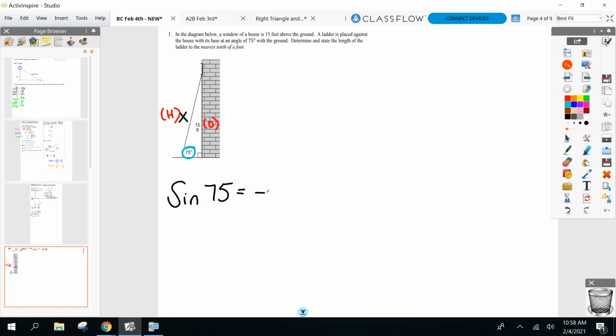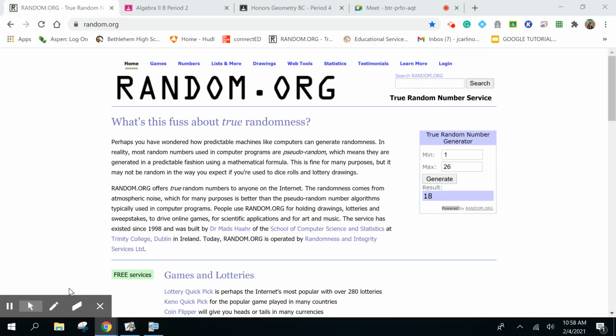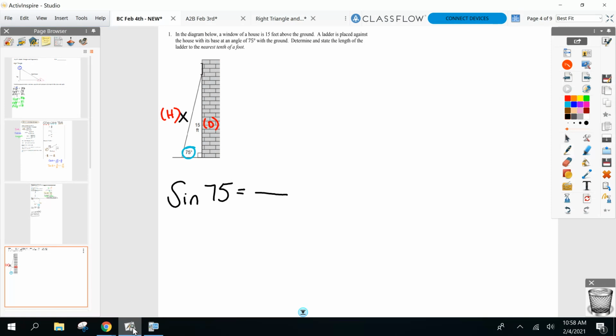That ratio is going to be, Emily, sine of 75 should be equal to what? 15 over x. Good job. Opposite side, 15 over the hypotenuse, x. There you go, guys. Put that over 1 if you feel like it. Here we go, cross multiply. The sine of 75 times x equals 15.